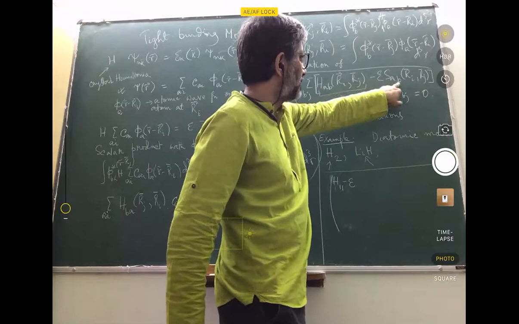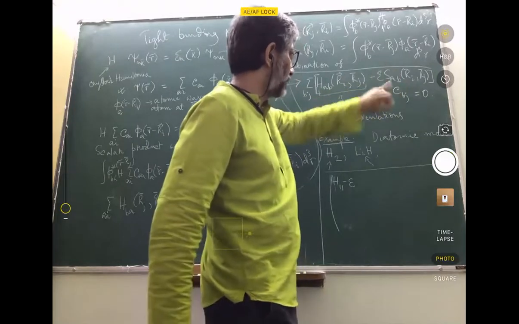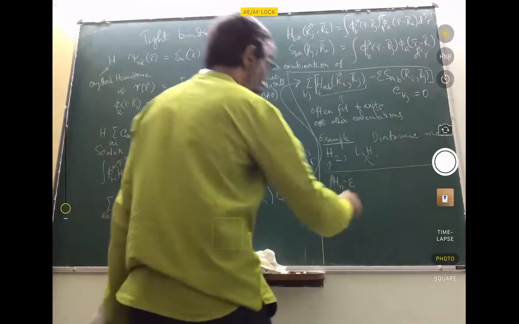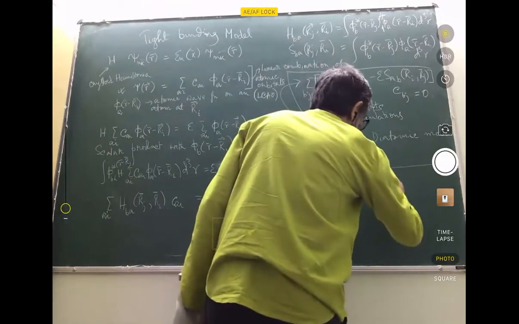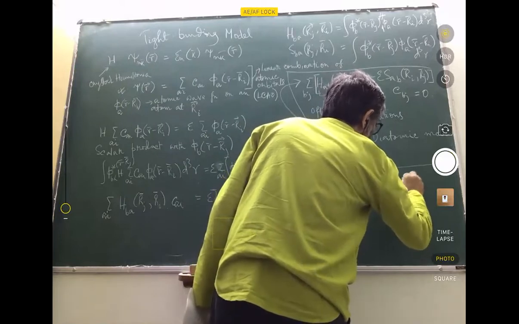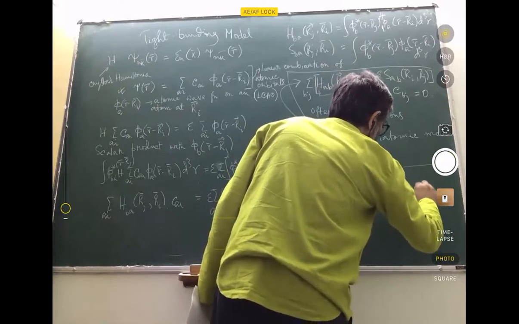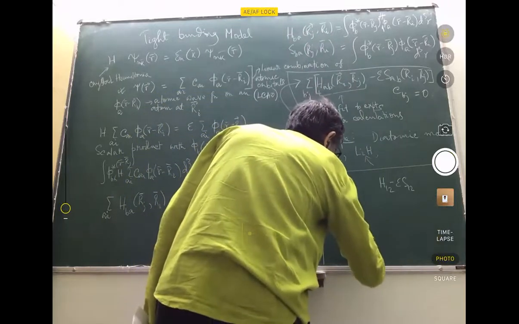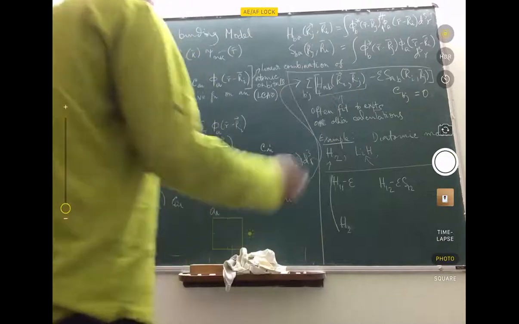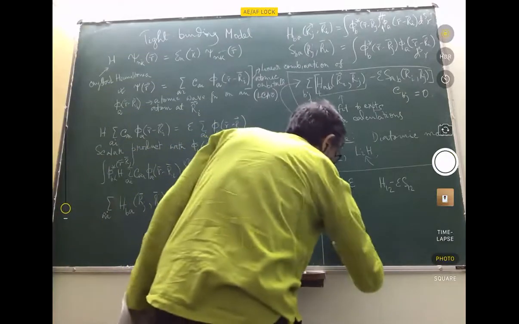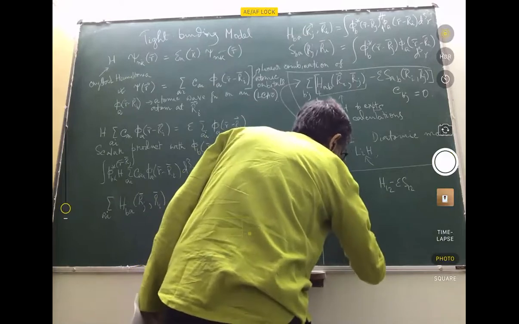So when A is equal to B, this S is 1, so I'll pick up an epsilon here. And then the off diagonal things, I'll have H12. Similarly H21, which would of course be H12 star, Hermitian.